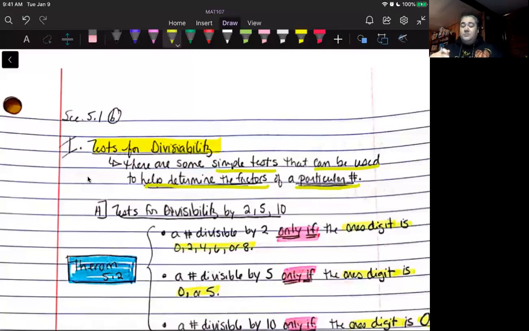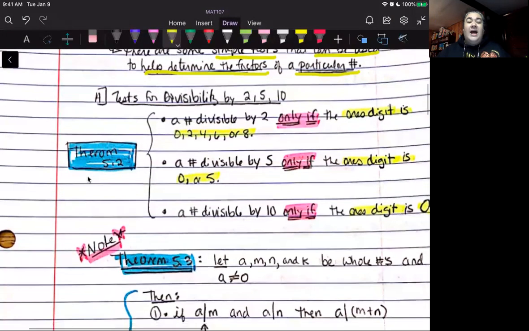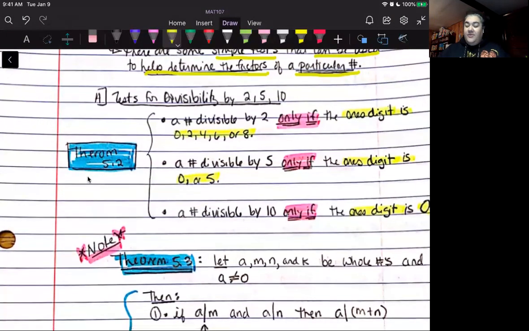Now, we group tests for divisibility together, and we're going to start by looking at the divisibility by 2, 5, and 10. This is called Theorem 5.2. Theorem 5.2 states that a number will be divisible by 2 if and only if the ones digit is 0, 2, 4, 6, or 8.